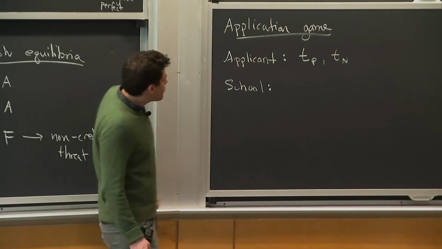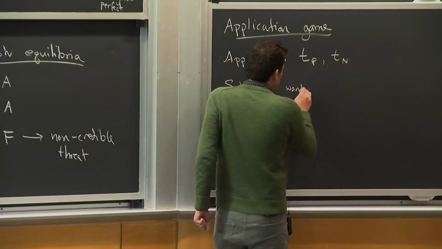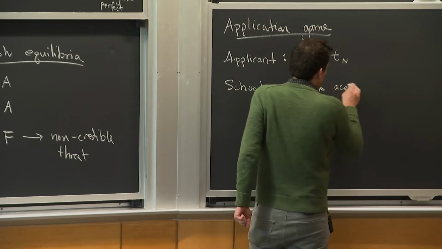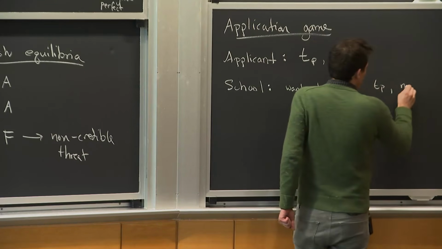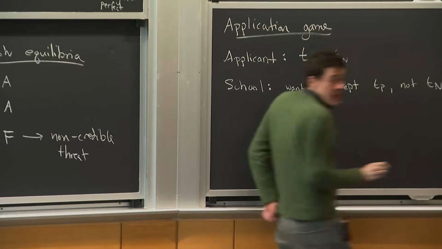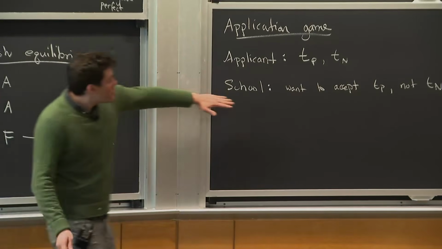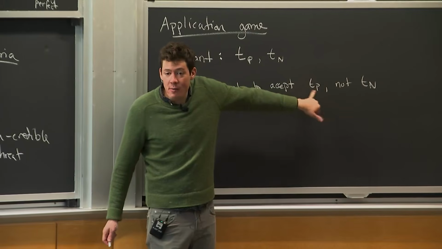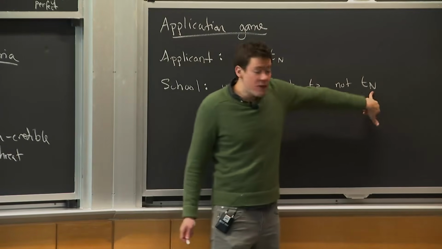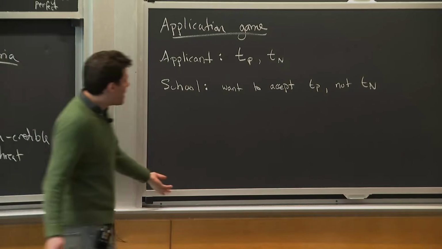And the school, let's just say in words, what they do is they want to accept TP, but not TN. So there's two kinds of students, two kinds of applicants. I'll be more precise about what the utilities are, but just at a high level, if someone's really passionate and excited about coming, they want to accept that person. If they're not excited, they don't want to accept them. Okay? So let's draw out a game tree here.